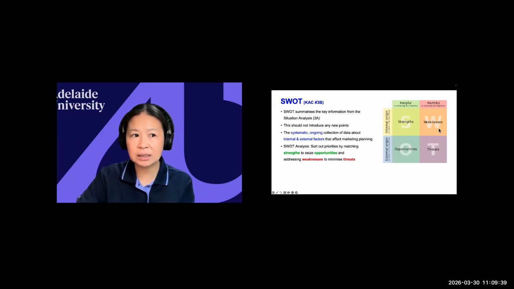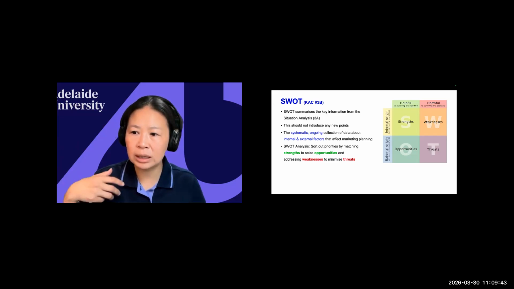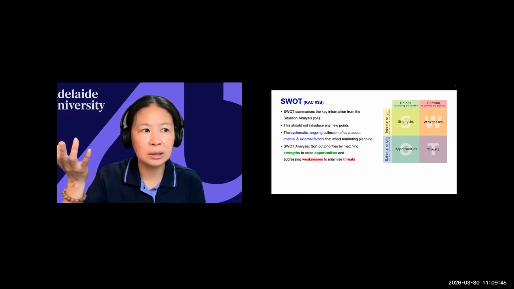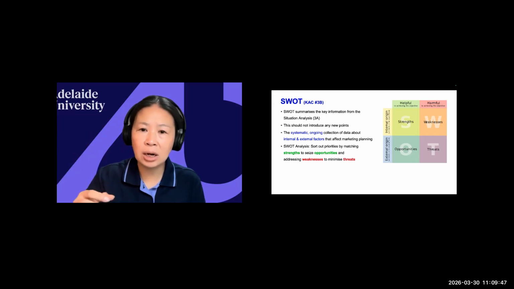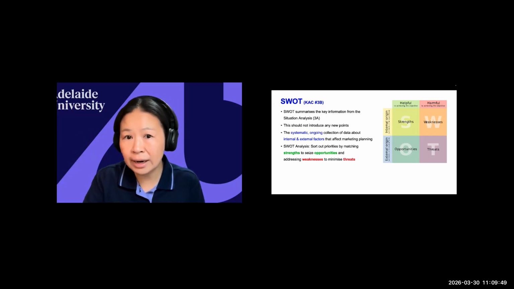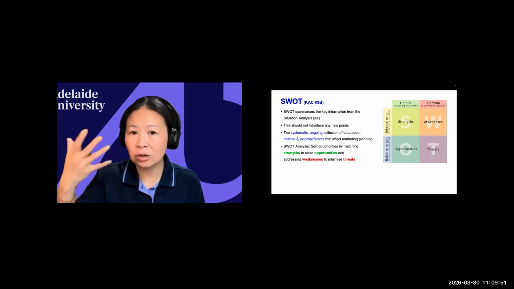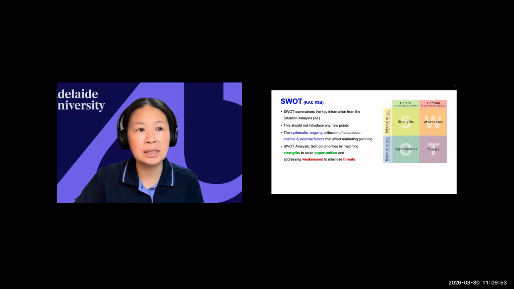say pricing factor, or whether it's to do with the elements that are inside, so your product upgrades, the technology of your firm, those are things that are within your company's control. Then you will list them down here as a weakness, and also outside threats.